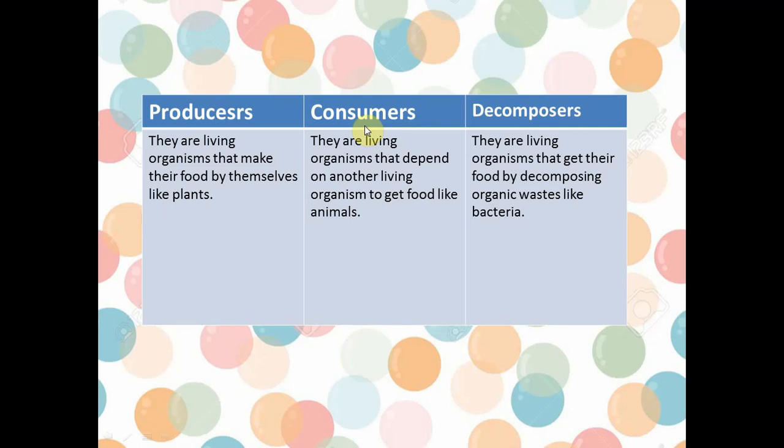We said they can't make their food by themselves, but they depend on another living organisms to get their food, like the animals. And decomposers, they also can't make their food by themselves, so they get their food by decomposing the organic wastes or the dead bodies. They feed on the dead bodies, like some types of bacteria.